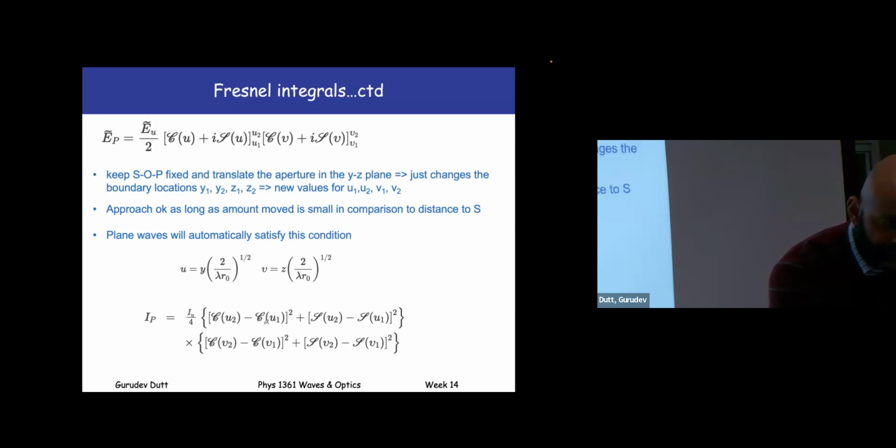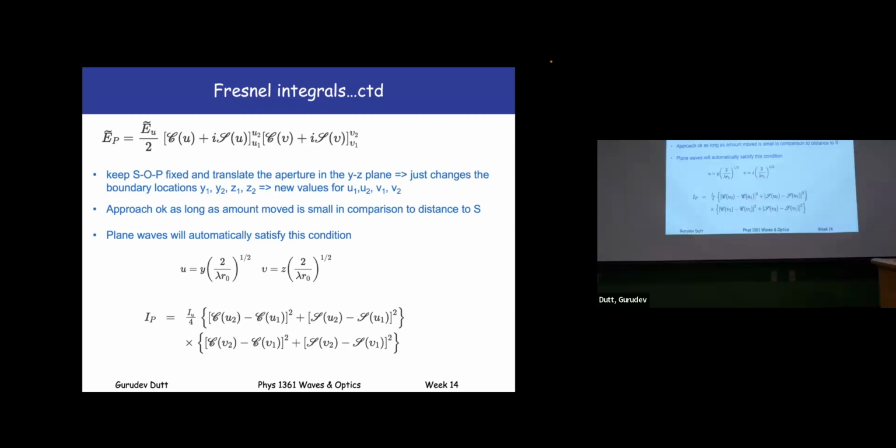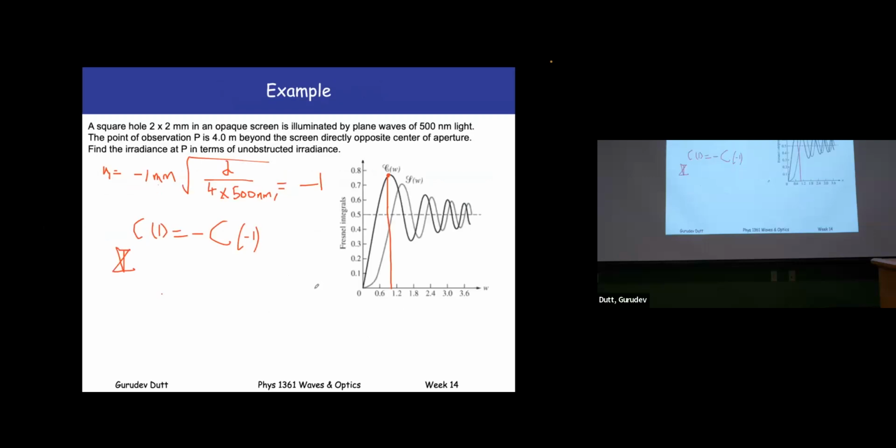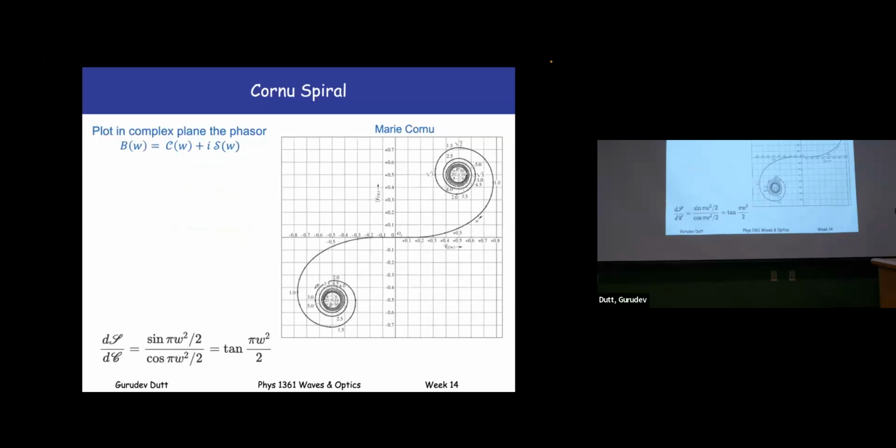And I'm just saying C of U2 is equal to minus C of U. Therefore, these two are just adding up together. Same with this function. And then I had to do that also for the V case, which is the Z direction. So that's then plugged in and you obtain the intensity, whatever that number is.